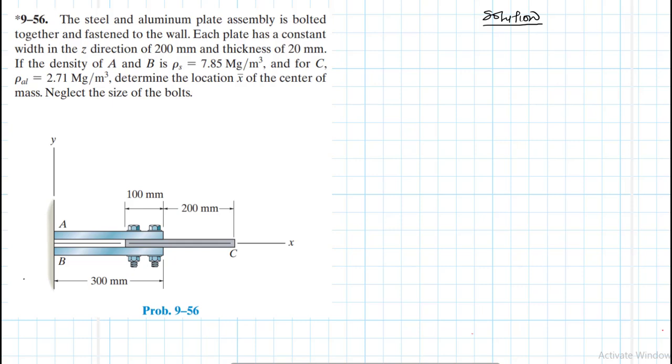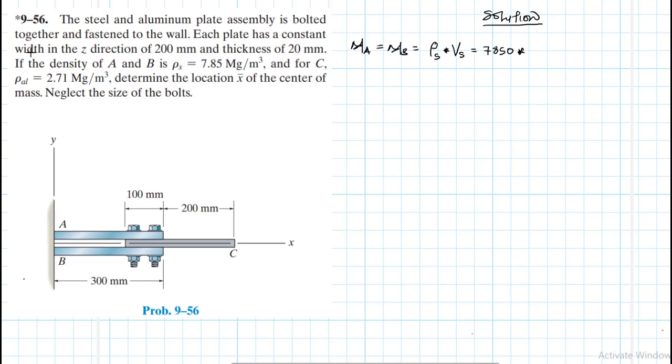Right, so let's find the mass first. Let's say mass A is equal to mass B, which is equal to the density of steel times the volume of steel. Converting the density of steel into kgs per cubic meters, we have 7,850, times the volume.